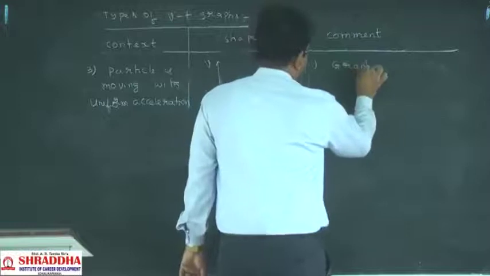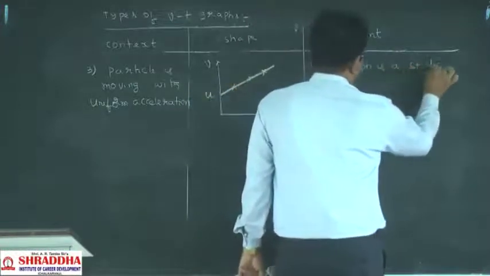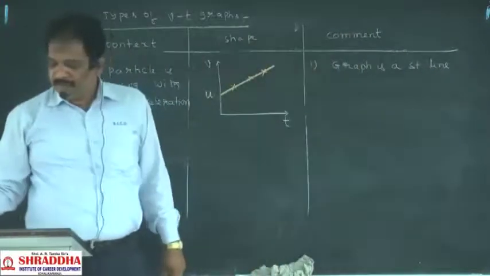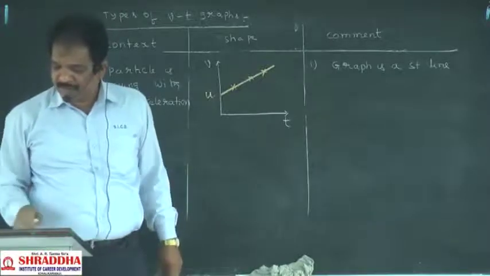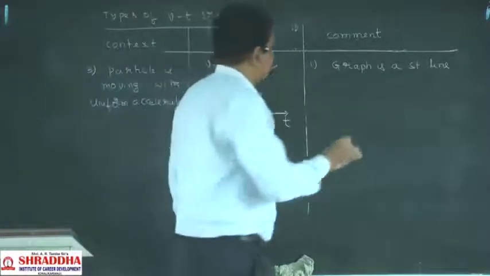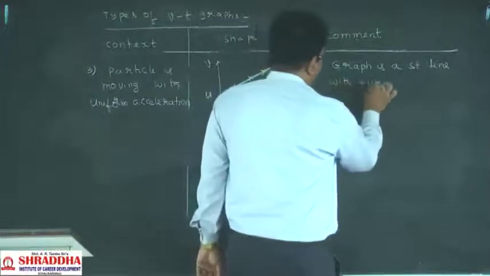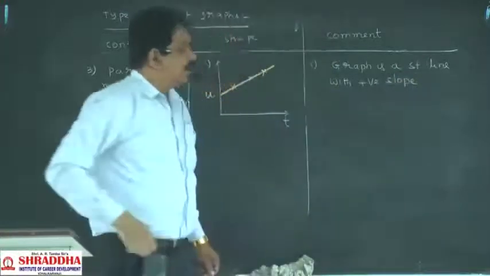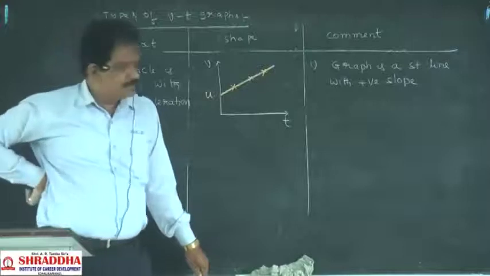What is the shape of the graph? What we can say, graph is a straight line with positive slope.